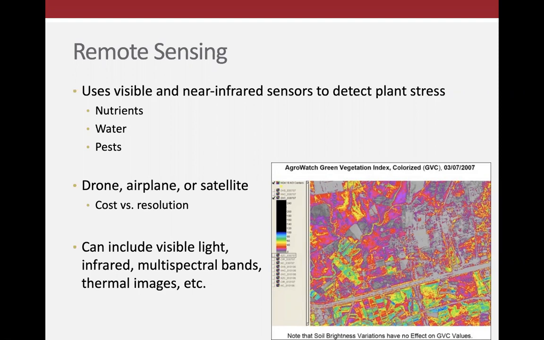Some of this is very well established technology and approaches, and there are new and emerging things. So this is a very exciting area in terms of the potential it has to play in agriculture, and how we can get information and scout fields and find problem areas. There's a lot more to say about this, and we'll save that for later in the semester.